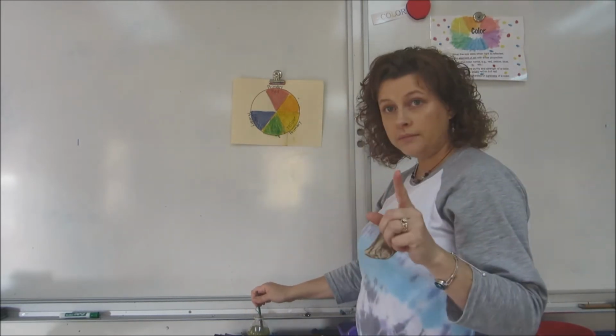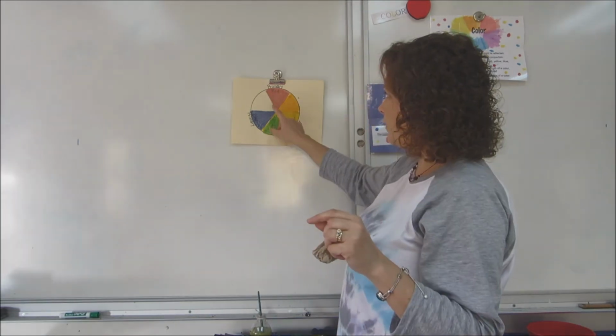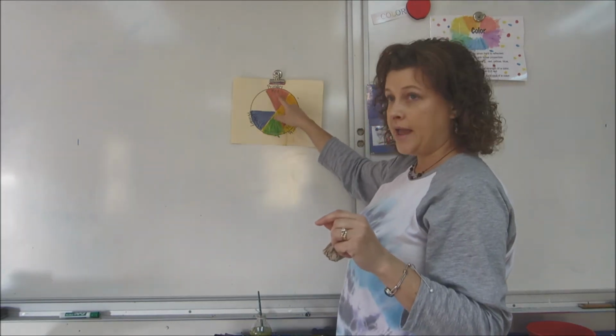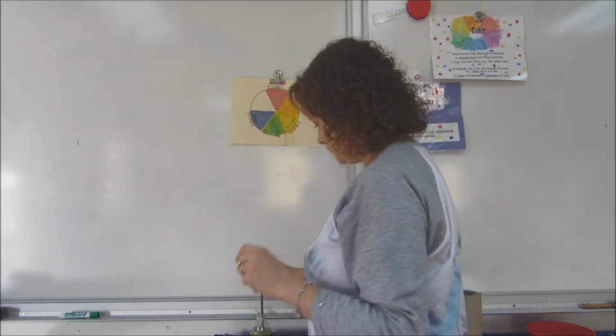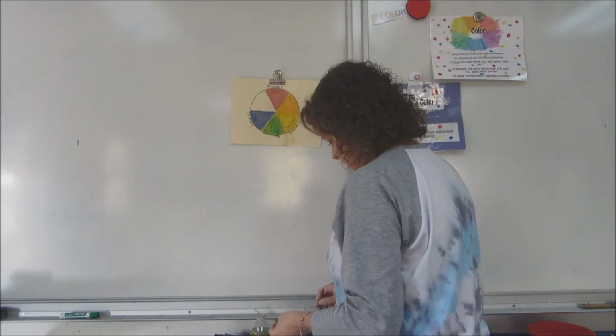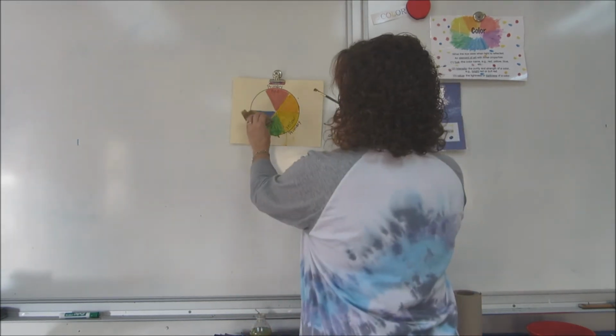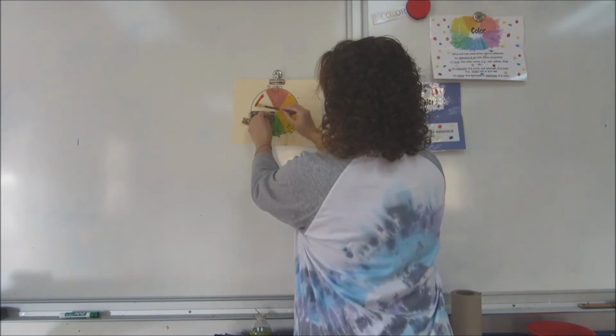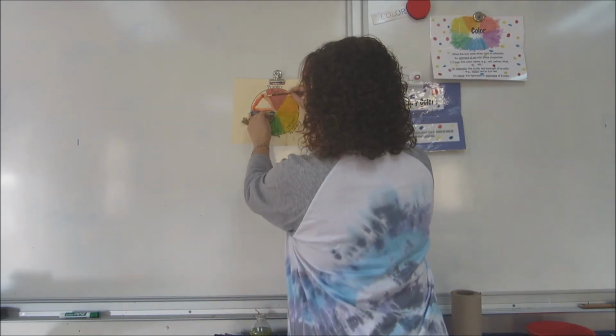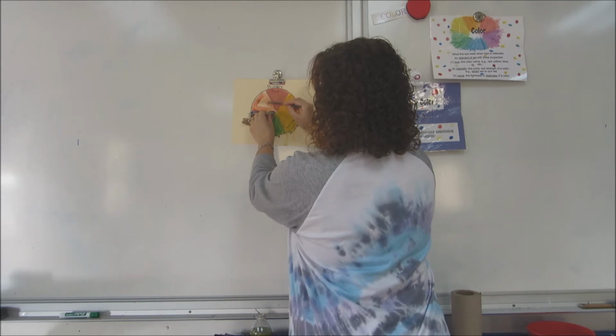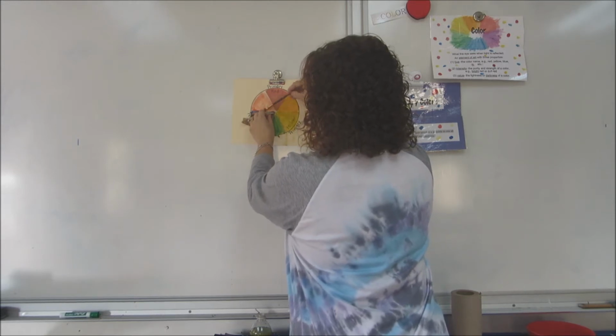We got one more. Let's see what happens when we mix our red and our blue. So I'm going to start with some red paint. I'm going to put my paper towel here to keep it from dripping. So there's some red.